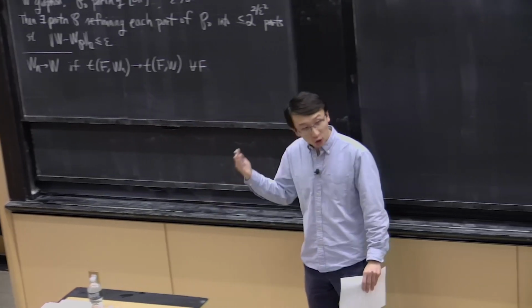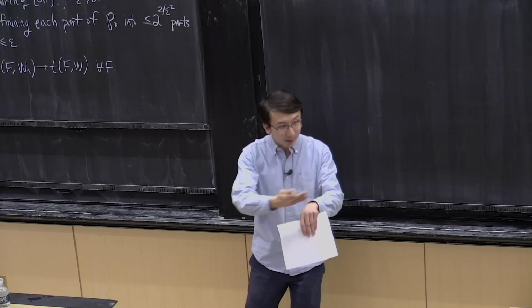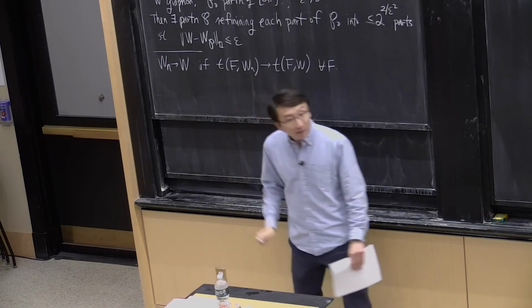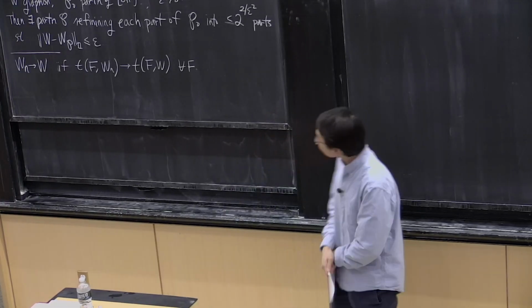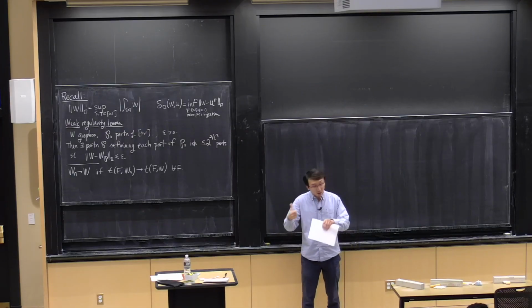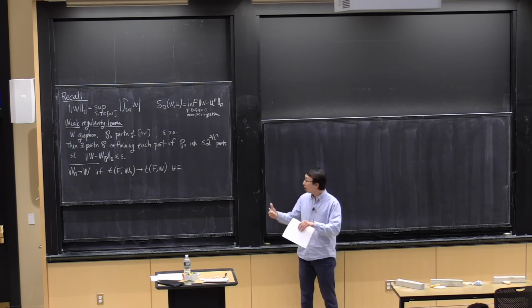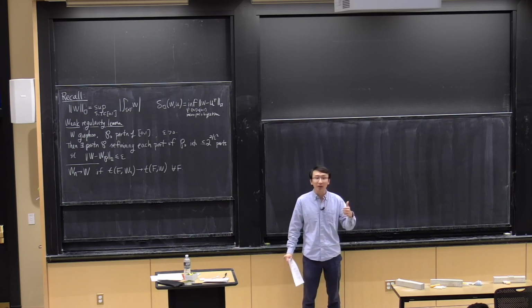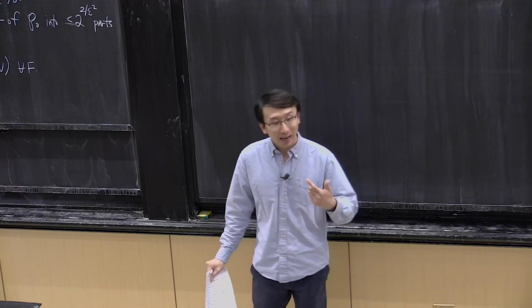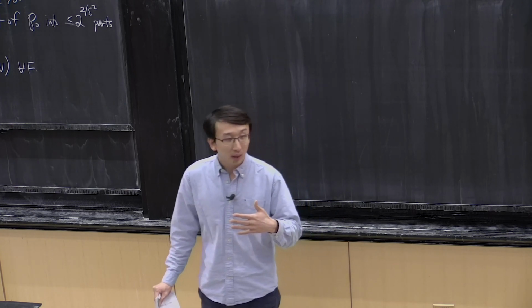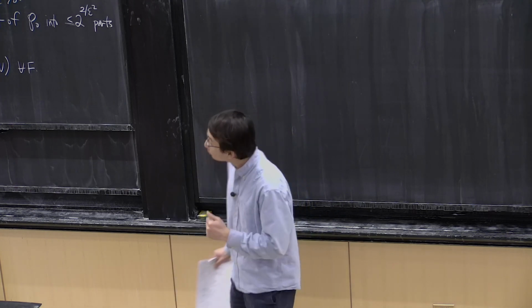We can say convergence even without a limit in mind, where we say a sequence converges if all of these F densities converge. So the first main theorem was that the two notions of convergence are equivalent. One notion being convergence in terms of F densities, and the second notion being convergence in the sense of the cut norm, the cut distance.